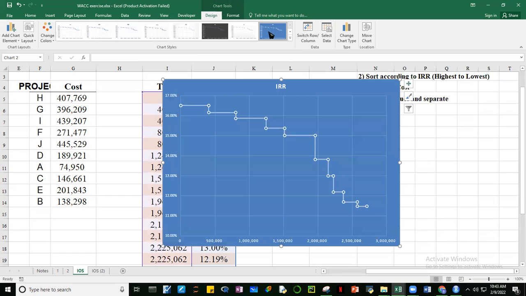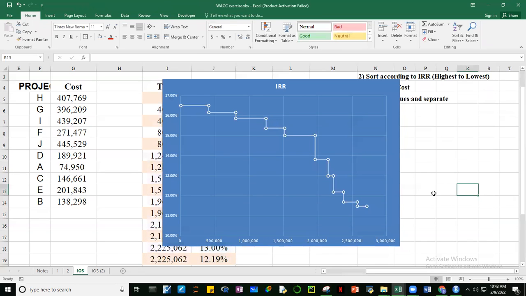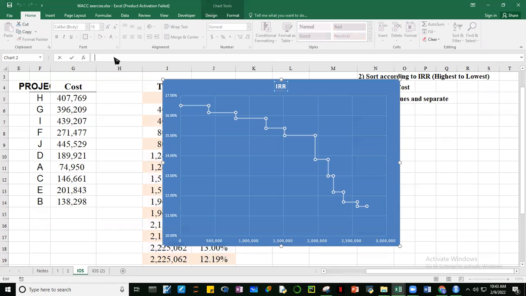Depende guys sa preference nyo. Kunyari ito. Okay, so what's this? What's this investment opportunity schedule? Can change this to investment opportunity schedule.